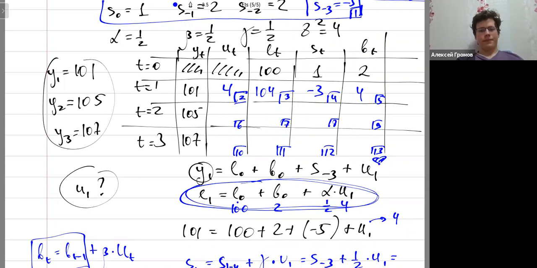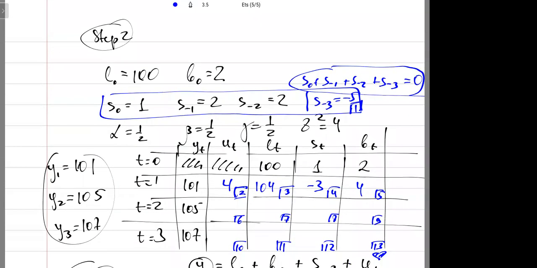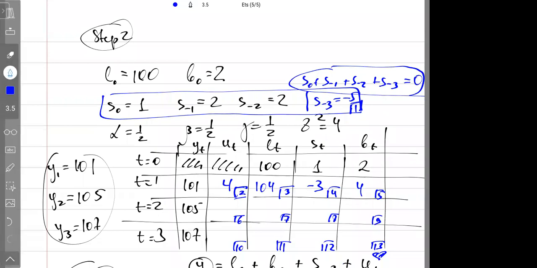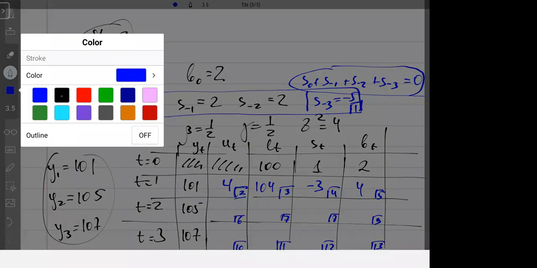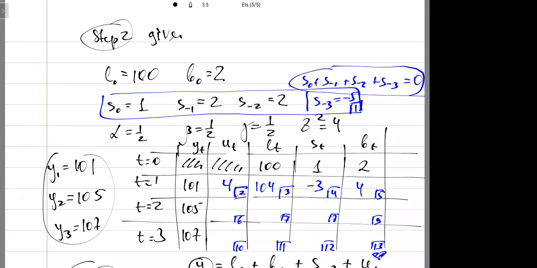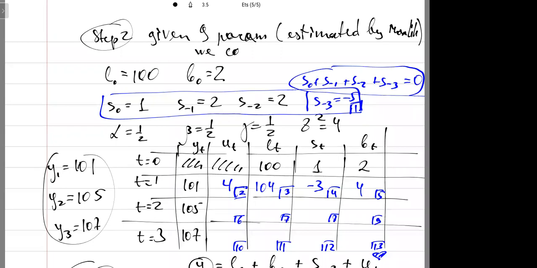Yes, clear. So what is the step? What is the meaning of this step? Given 9 parameters estimated by maximum likelihood, we can decompose the whole time series y1, ..., yt into components.